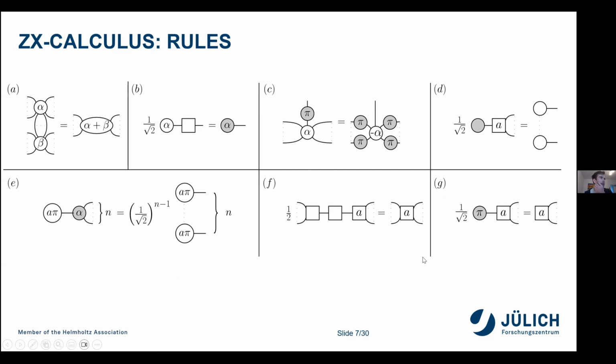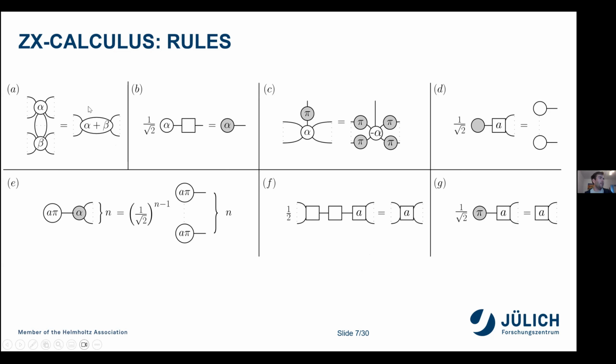As we insert the wire cuts in the ZX diagrams, the resulting diagrams will in general not automatically correspond to a circuit that we can run. So we need to use some rules from ZX calculus to turn the diagrams back into diagrams that correspond to circuits. Here I don't want to go over all the rules.